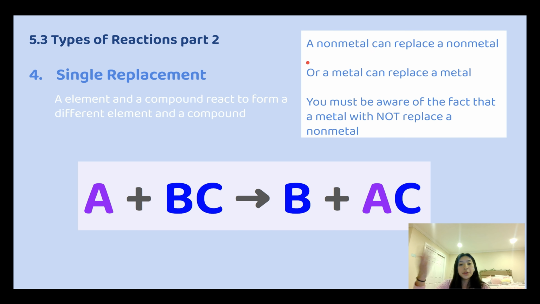So a nonmetal can replace a nonmetal, or a metal can replace a metal. You must be aware that in a single replacement reaction, you can have a nonmetal replacing a nonmetal, but you cannot have a nonmetal replacing a metal. So please pay attention to that.